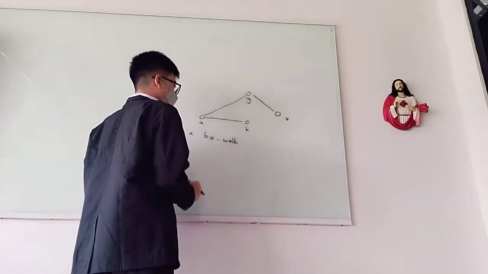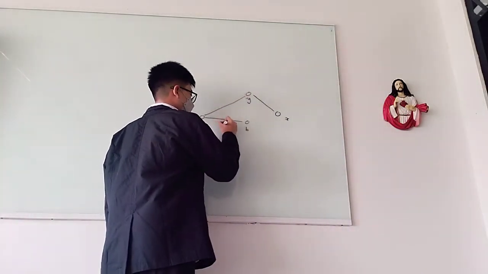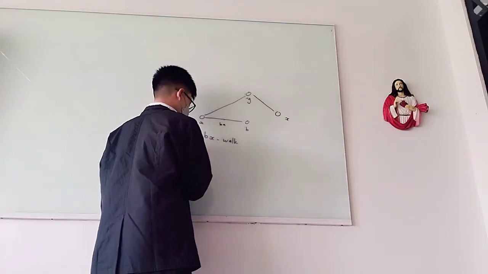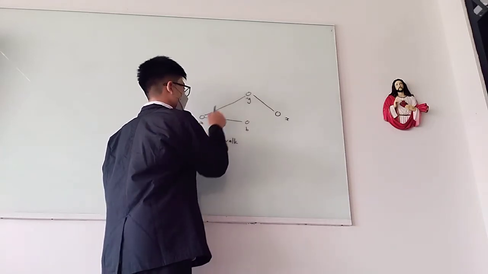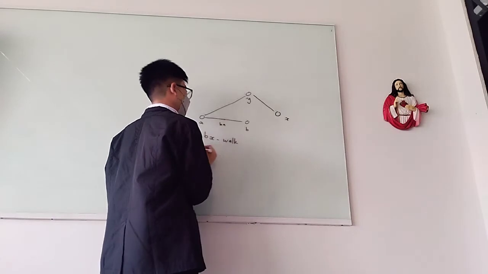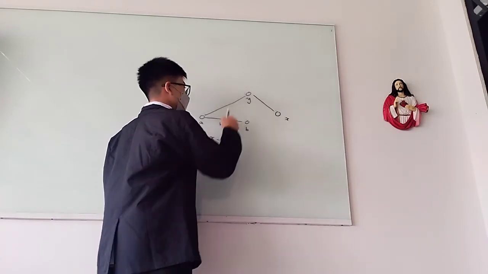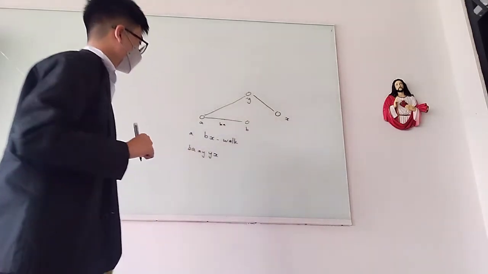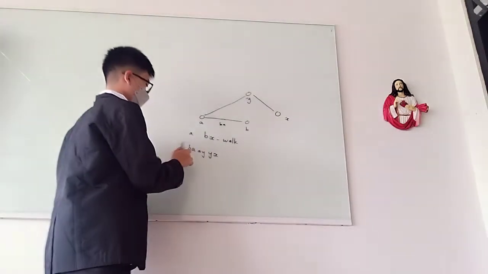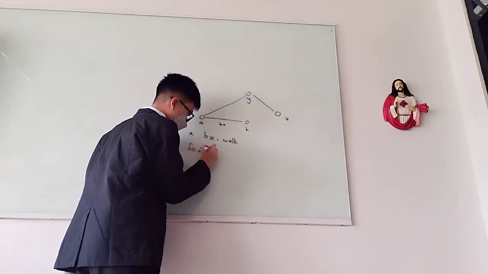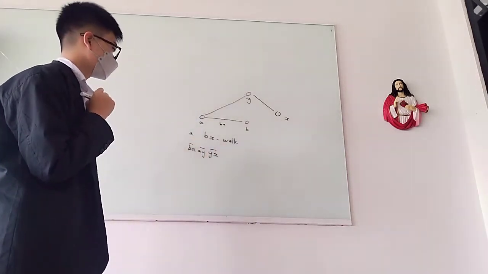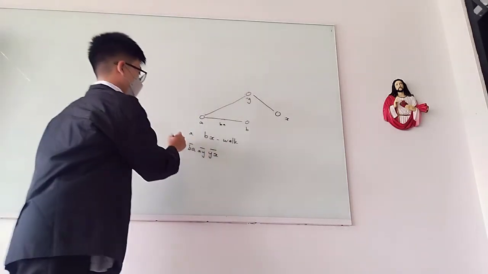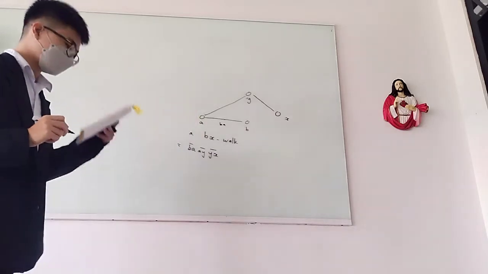So the BX walk here would be BA, AY, YX. That is a walk. I'm going to use these dashes here so that you can differentiate them. That's a BX walk.